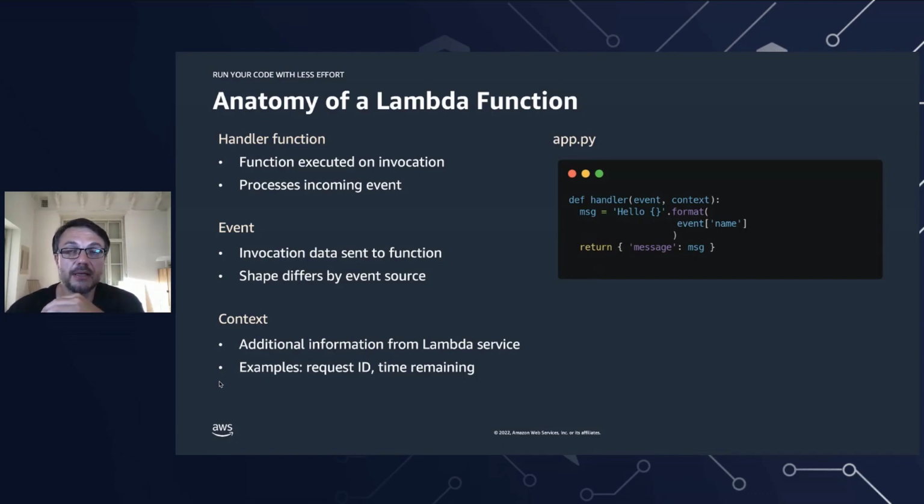And another parameter is the context. This is a parameter which has some additional information about the Lambda runtime itself. For example, request ID, time remaining until the end of the function, and some other information which might sometimes be useful to refer to in your Lambda functions.